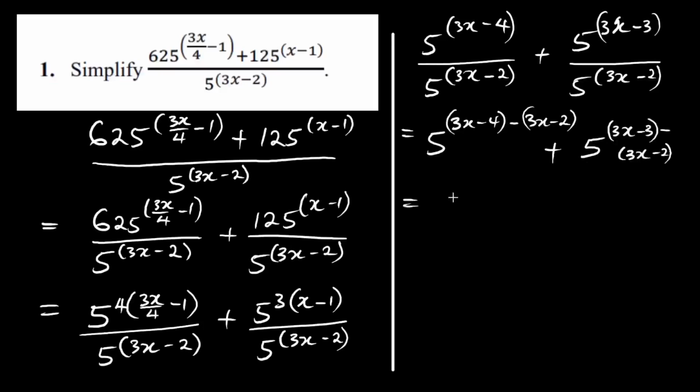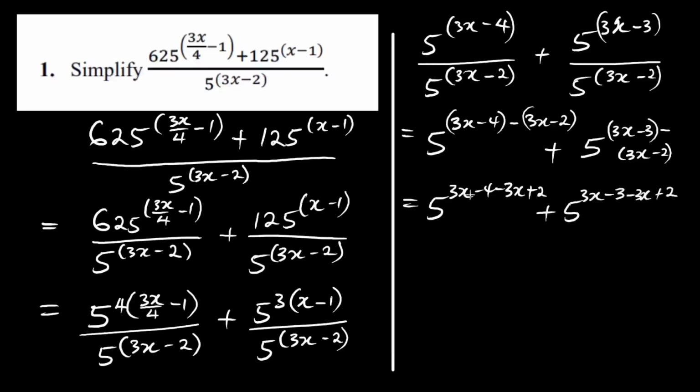This is going to simplify to give us what? 5 to power 3x minus 4 minus 3x plus 2 plus 5 to power 3x minus 3 minus 3x plus 2.